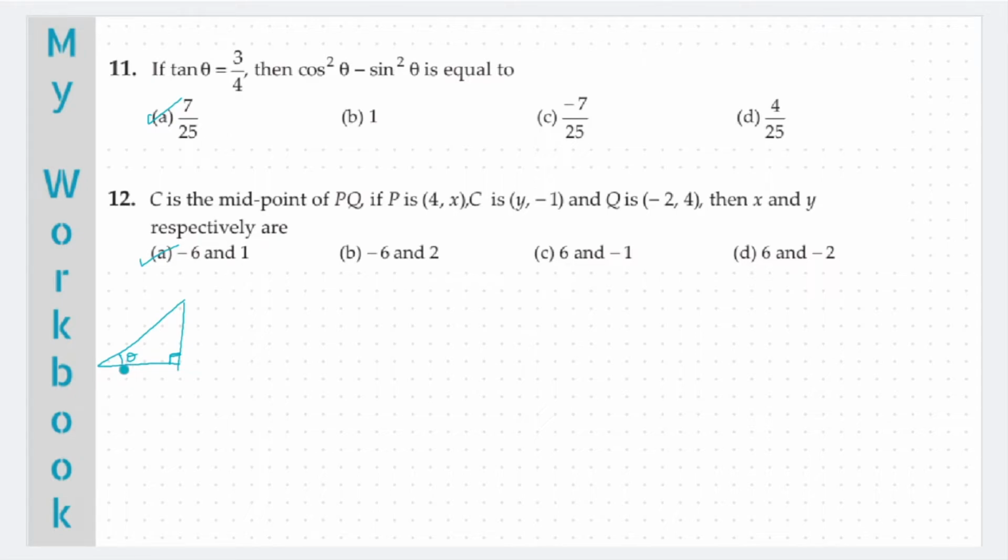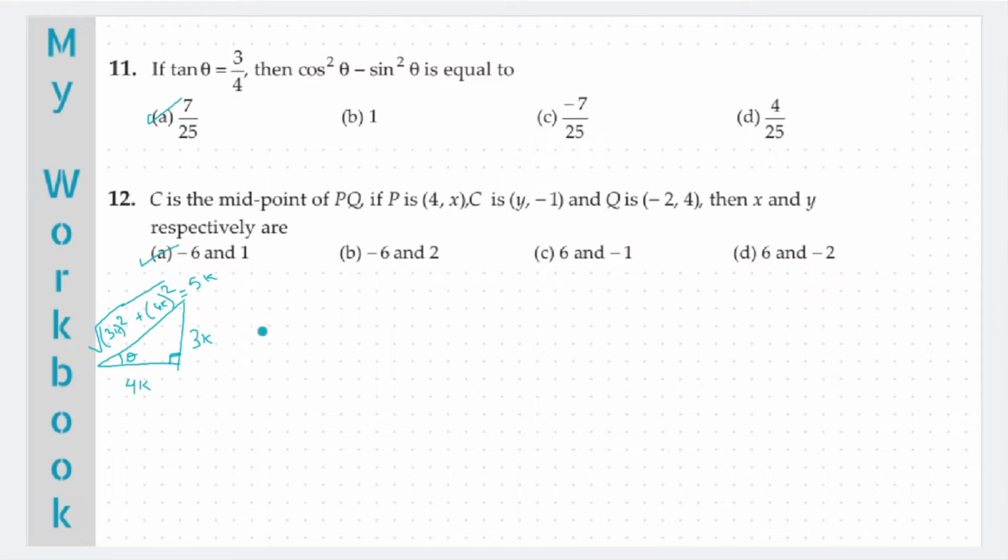So tan theta is opposite side by adjacent side. So we can assume this opposite side as 3k and adjacent side as 4k. So by applying Pythagoras theorem, hypotenuse will be root of 3k square plus 4k square, simplifying which you will have hypotenuse as 5k.